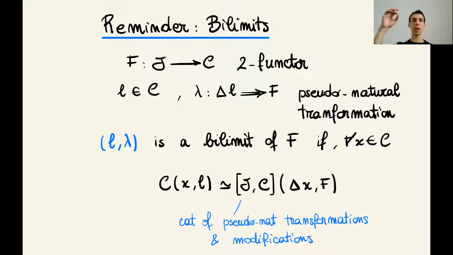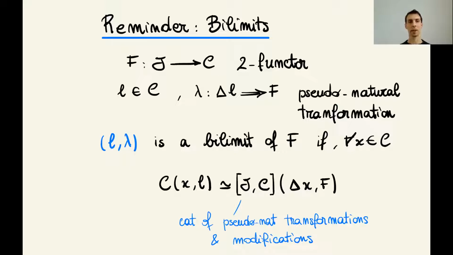The top is L, the bottom is F of some morphism, some one-arrow or two-arrow of J, and these triangles, like in the classical categorical case, but this time, are filled by invertible two-cells.